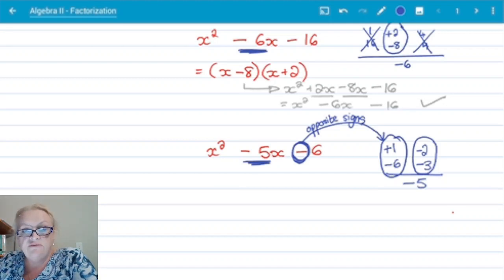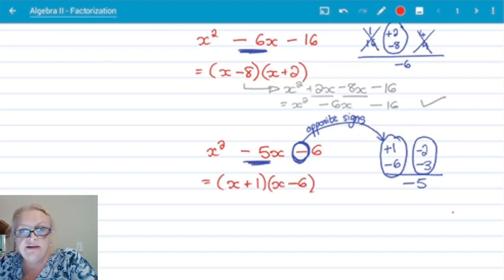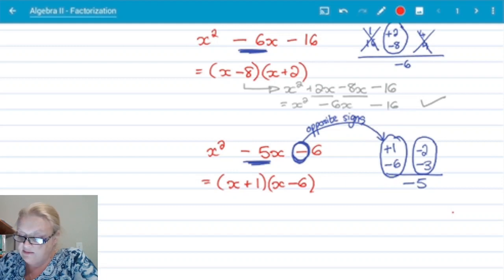Plus 1 and negative 6 are opposite. My answer here is going to be x plus 1, x minus 6. You got it? Now let's suppose my sum actually said x squared minus 5x plus 6.